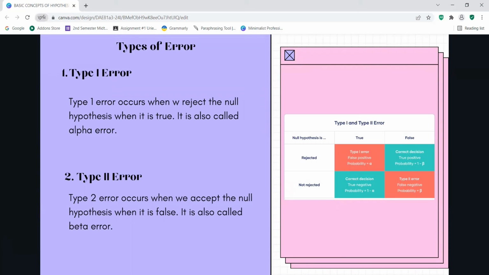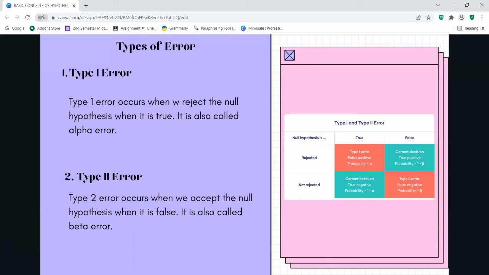The types of error. Type 1 error. Type 1 error occurs when we reject the null hypothesis when it is true. It is also called alpha error. Type 2 error. Type 2 error occurs when we accept the null hypothesis when it is false. It is also called beta error.